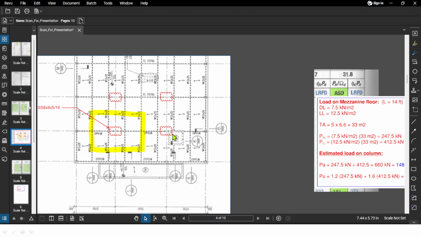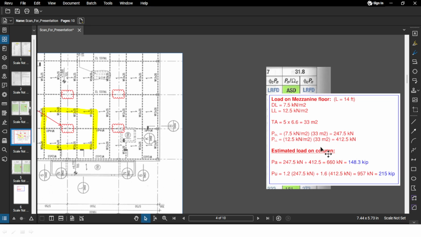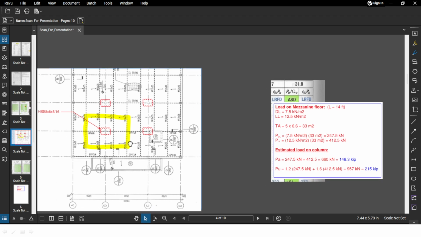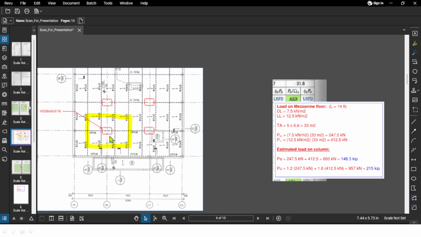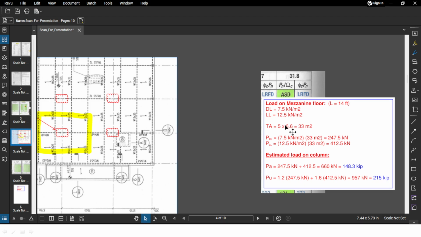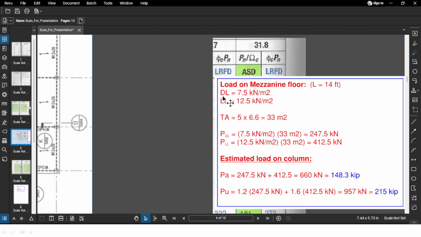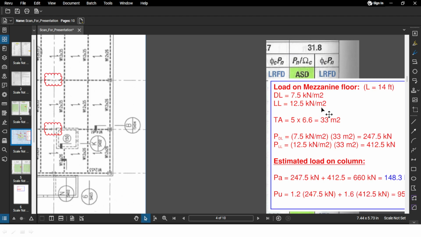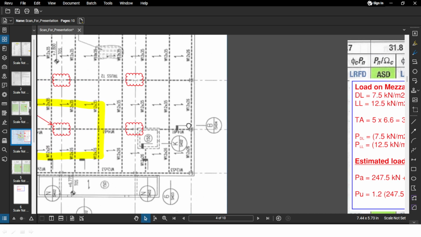For example, this one. You need to calculate how much the actual load carried by that column. They have the typical loadings. To calculate that load, this is the mezzanine floor, and the column here terminates at this level because it supports only the mezzanine and the ground floor. I already have the unit load: dead load 7.5 kilonewton per square meter, and live load 12.5 kilonewton per square meter because this area is heavily loaded due to equipment.